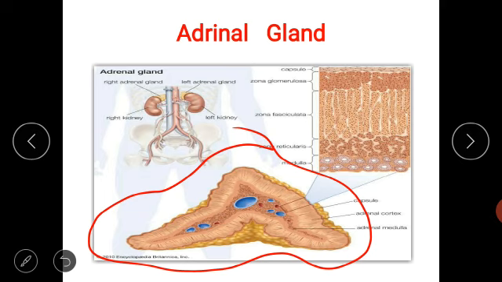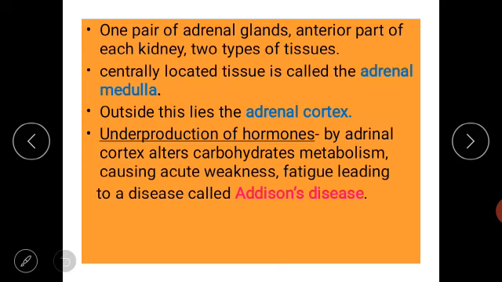There is a pair of adrenal glands present on the pair of kidneys, one adrenal gland at the anterior part of each kidney.